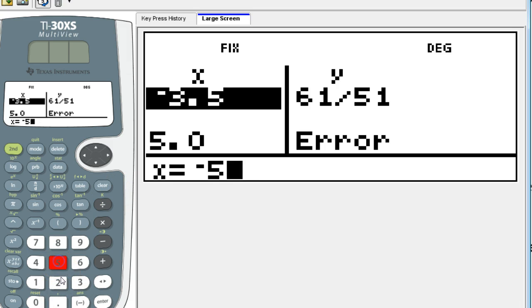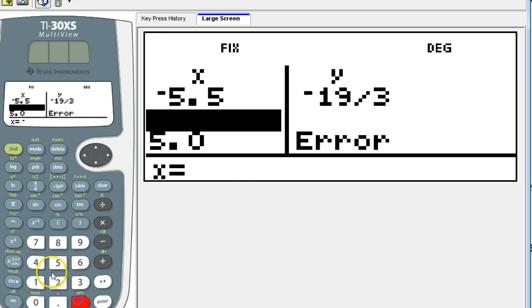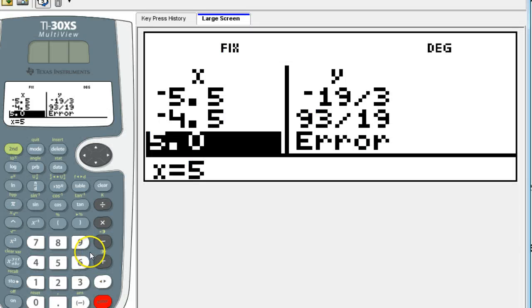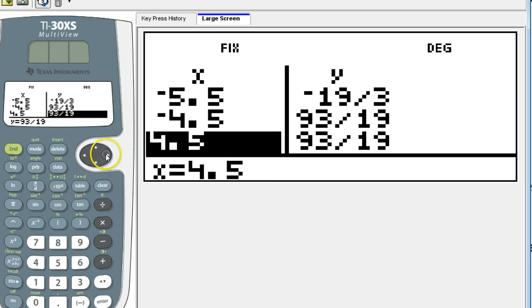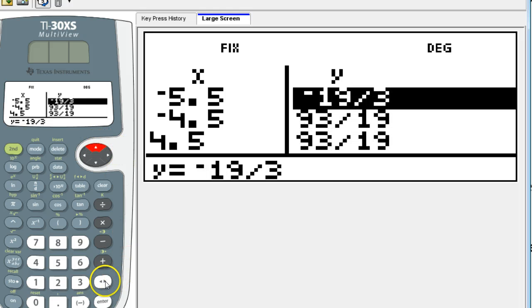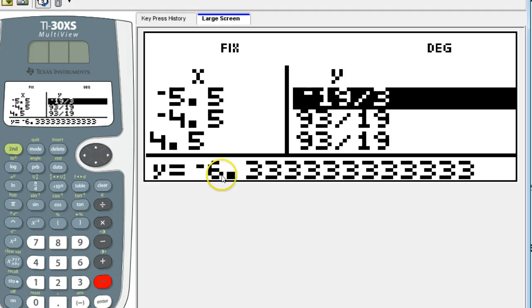So -5.5, -4.5, and 4.5. Okay, those are the first three values I wanted. I can just type them in, and it'll be more meaningful if I get decimals. So if I toggle this, I see I've got -6.3.